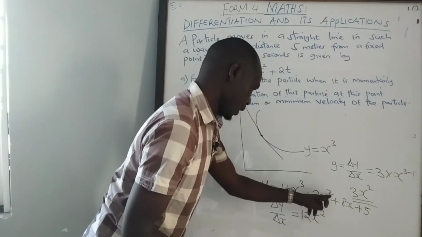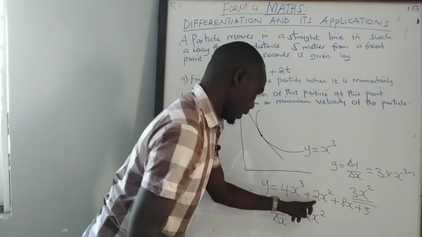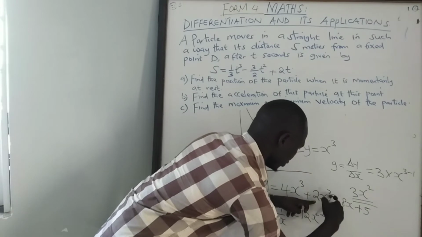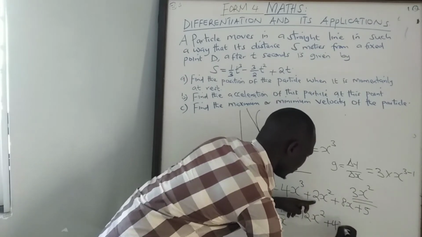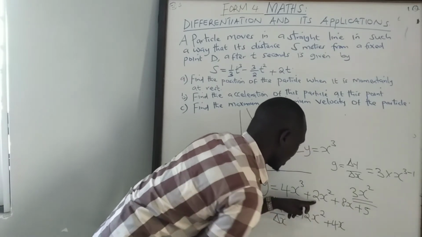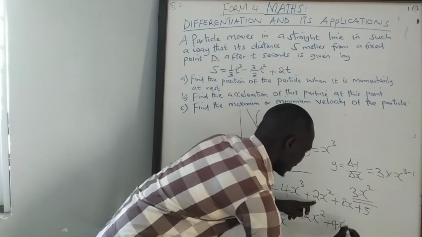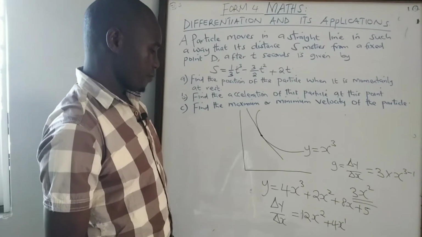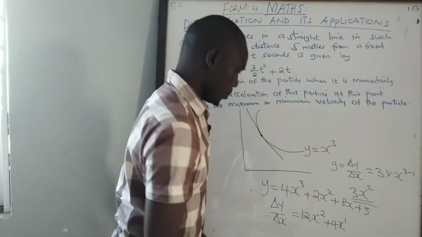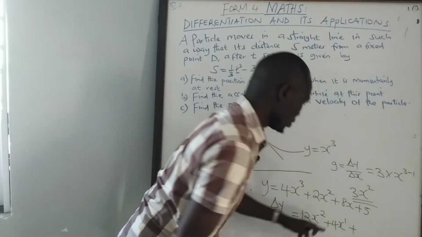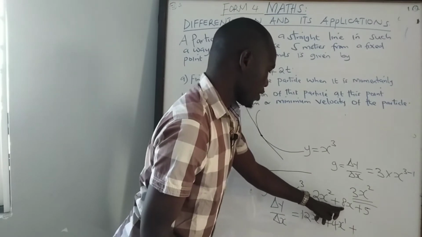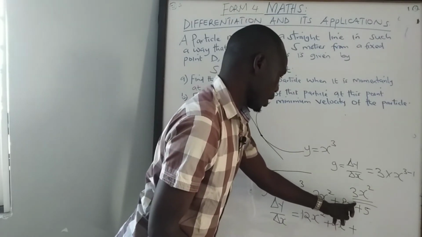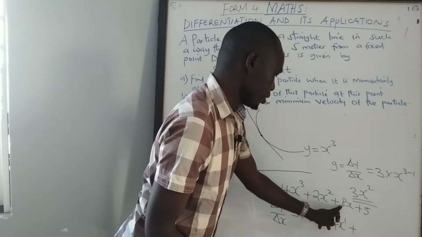Then from here we have 2, which multiplies back so that we have 2 times 2, which is 4x. Reducing the power of x by 1, we have simply 4x, or 4x raised to power 1. Then plus, to differentiate this one, the power of x is 1, and 1 times 8 is 8.